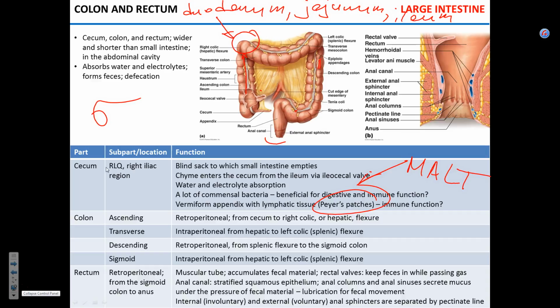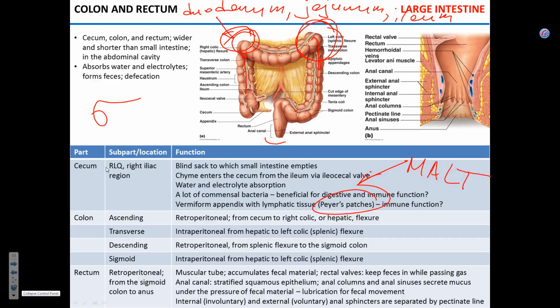To your left is the right colic flexure, where it bends. Right here. That's the right colic flexure. It's also called hepatic flexure because it's close to the liver. To your right is the left colic flexure, or splenic flexure. Does that make sense? Yes, you should know both terms.